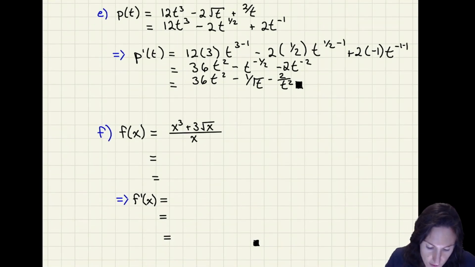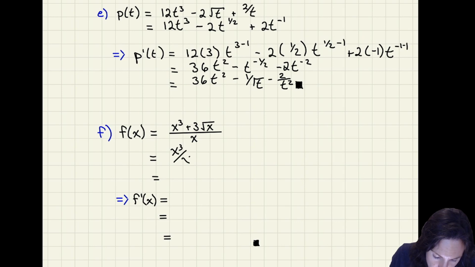Now, this one, for those of you who know some of the other rules, such as the quotient rule, you could do this with the quotient rule, but notice that we can distribute this 1 over x to each term. So we could rewrite this as x cubed over x plus 3, and I'll write this as x to the 1/2 over x.